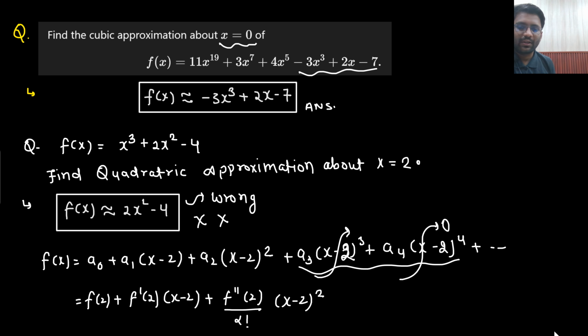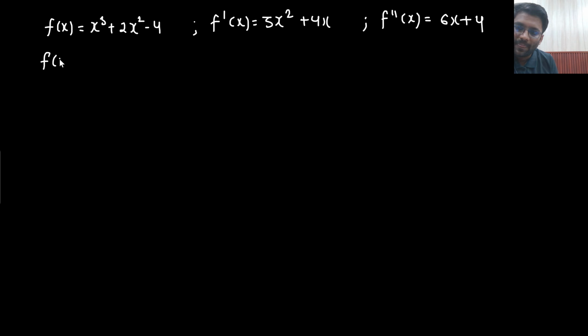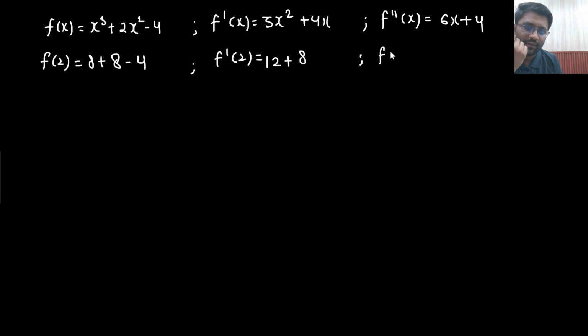What am I supposed to find out? The value at 2. So f(2) will be 8 plus 8 minus 4. f'(2) is 12 plus 8. f''(2) is 12 plus 4.